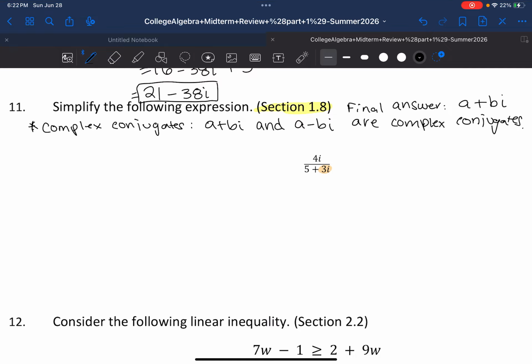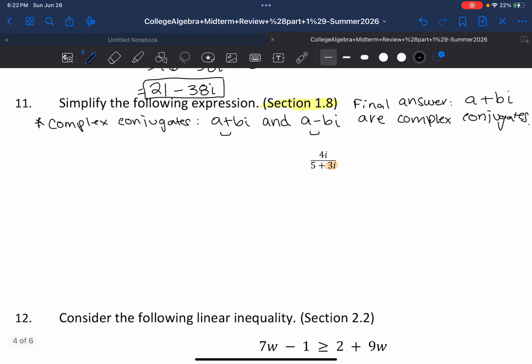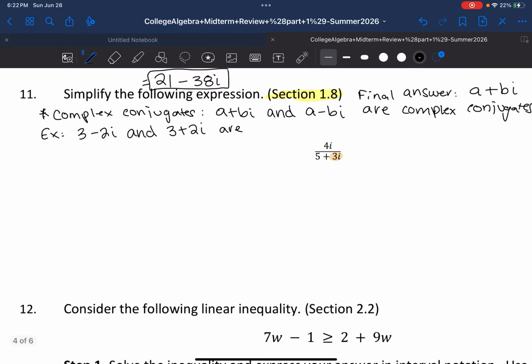So it really just means that the middle term in between them are opposite. So for example, if I had 3 minus 2i, then 3 plus 2i would be conjugates. It would be the complex conjugate of the first one.